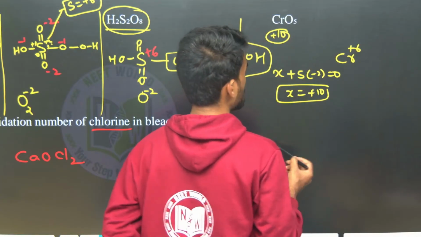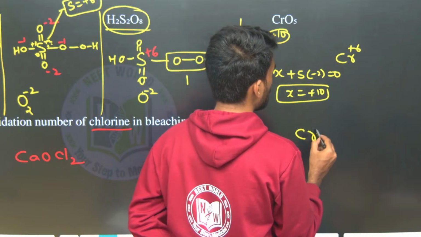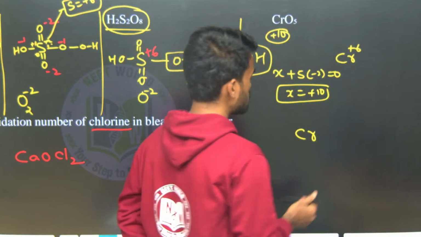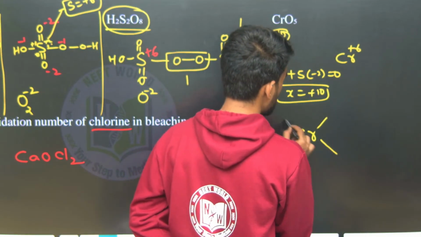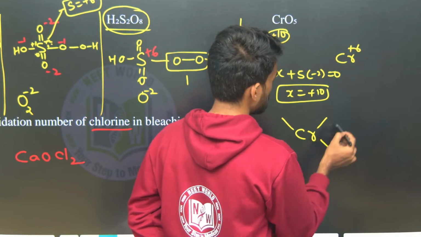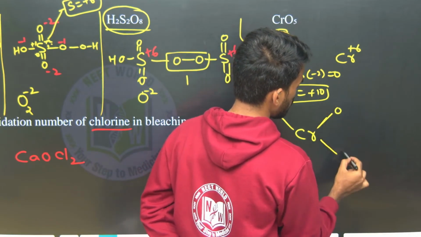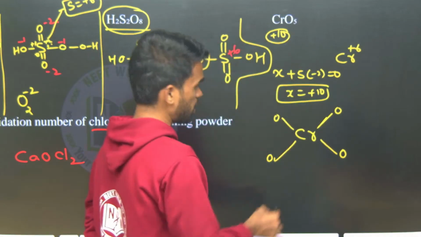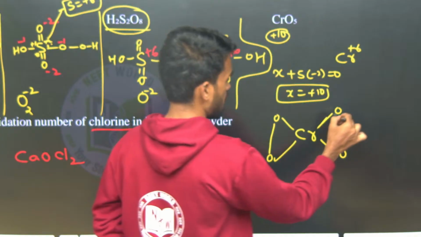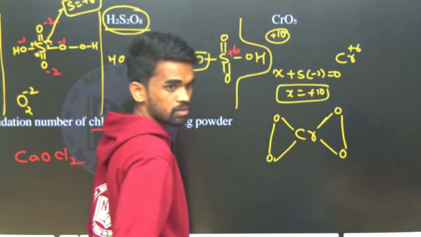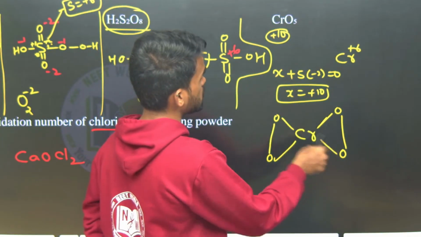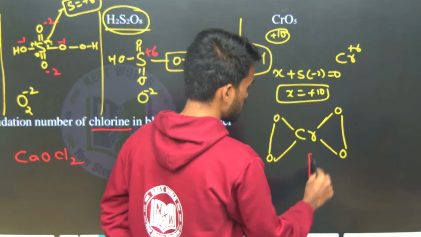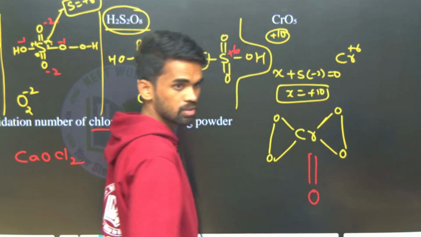Now look at the structure. You need to decrease that by 4 units, so you need to insert peroxy linkages. See how I am doing it. Here 1 oxygen, 1 oxygen. Here also 1 more oxygen, 1 more oxygen. Between these 2 oxygens we have a peroxy bond. 4 oxygens are over out of 5, and one more is there, I am writing it like this.